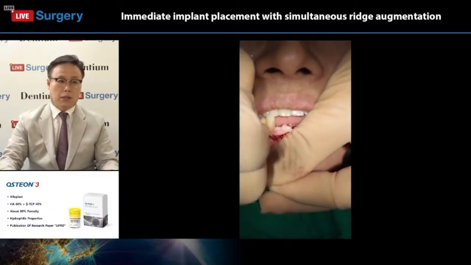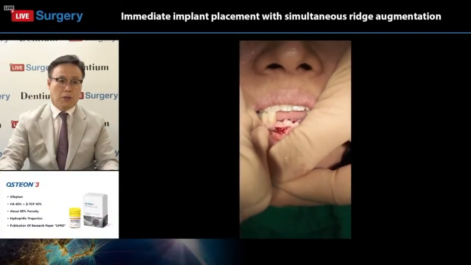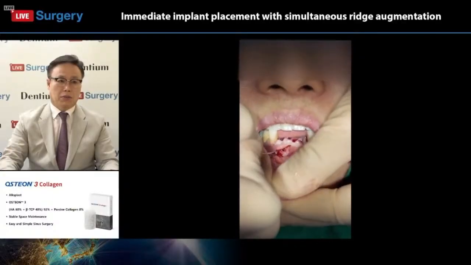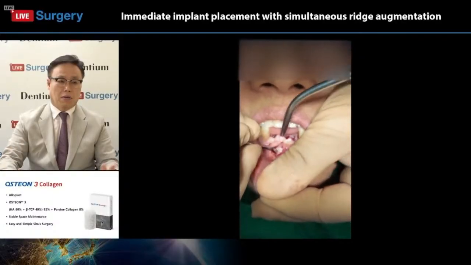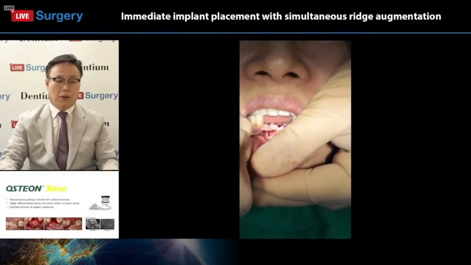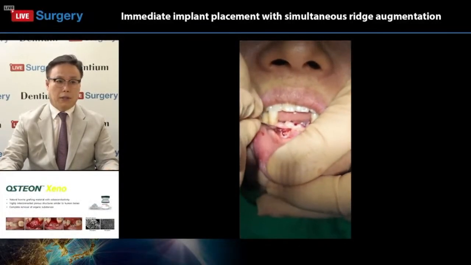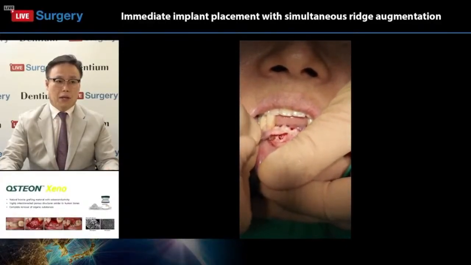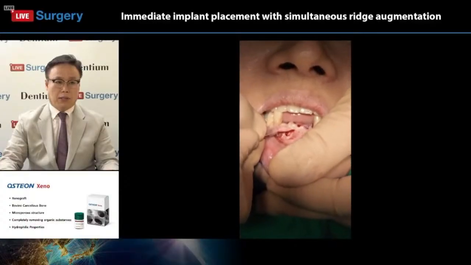And also there is maybe a 3 millimeter dehiscence defect. To minimize the size of the dehiscence defect around the implant, I placed the implant a little bit deeper and applied the bone graft to cover the dehiscence defect simultaneously when placing the implant.